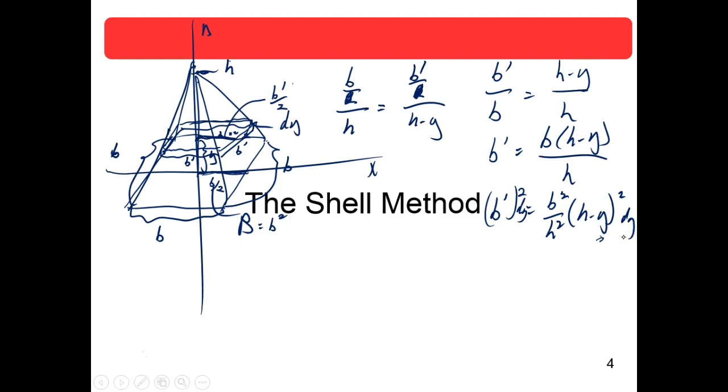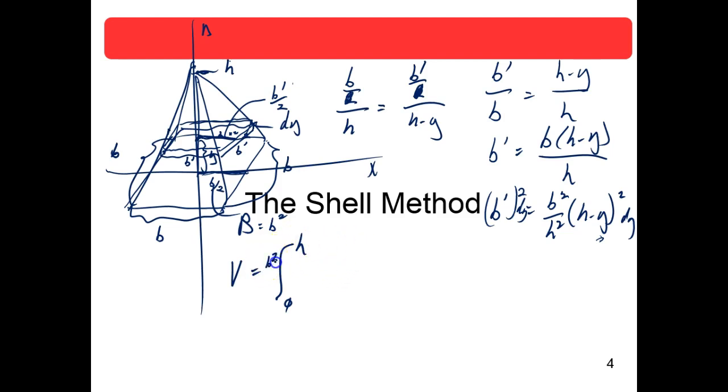So the dy is going to be there, and you're going to sum all those little volumes from 0 to h. So that's the integral. So your volume will be the integral from 0 to h. That's what y is going from 0 to h.